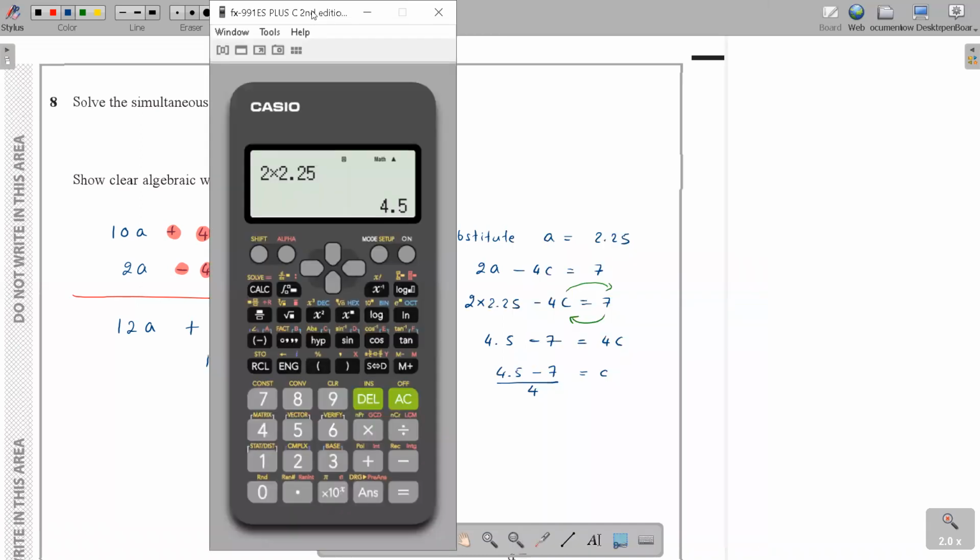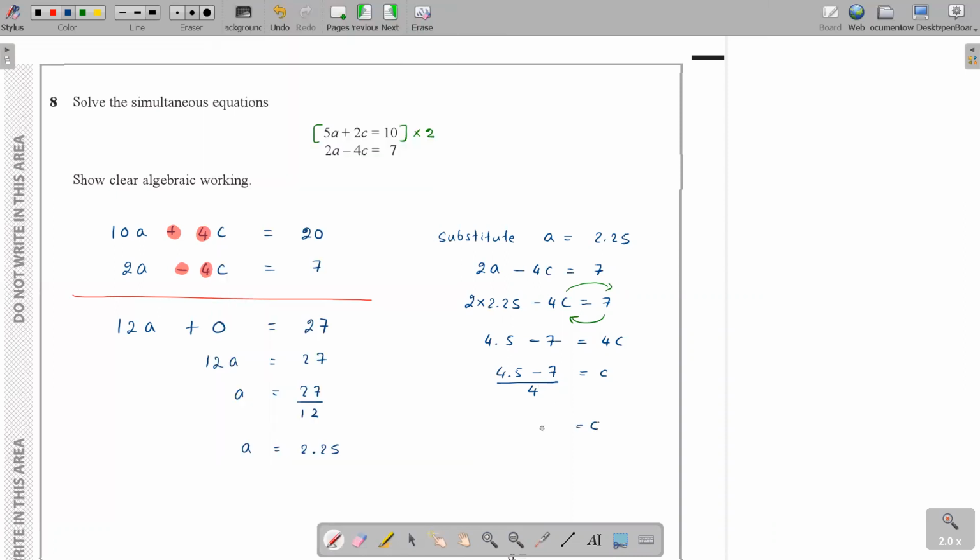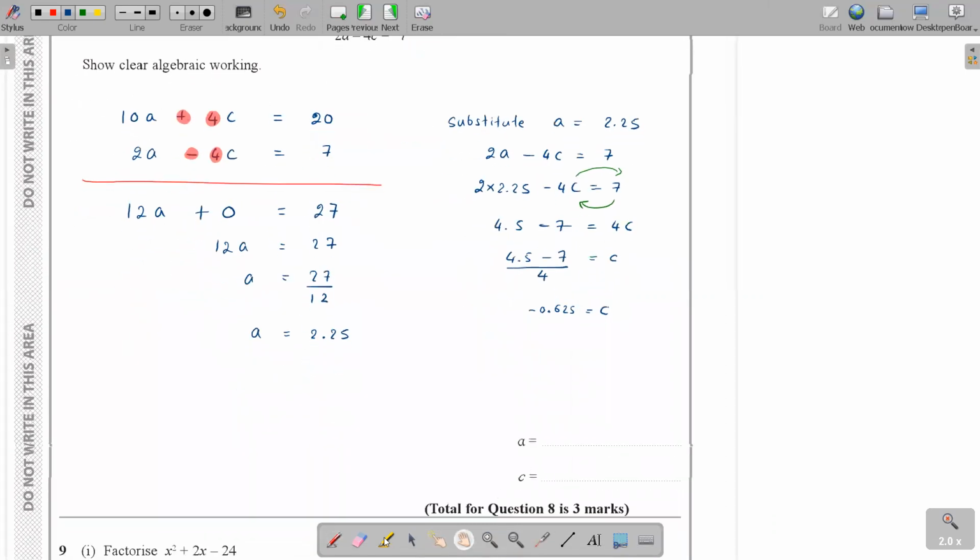So we get here 4.5 minus 7 divided by 4, we get minus 0.625. C equals minus 0.625. So write the answer for A. A equals 2.25. C equals negative 0.625. So make sure your answers are written clearly. Okay.